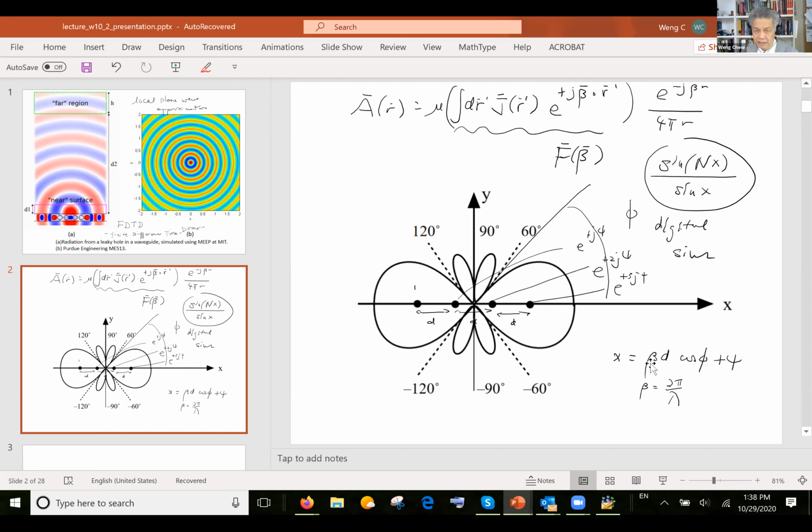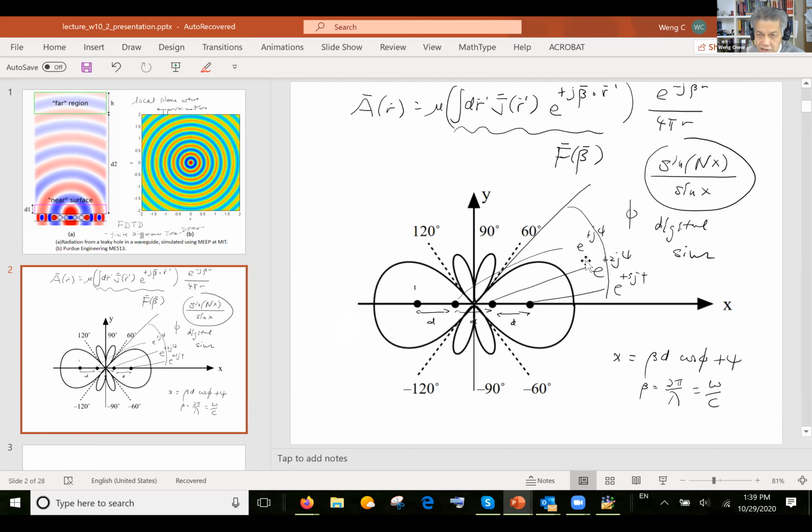Okay, when you increase beta, which is the frequency, a little bit of change of the angle will give rise to a large change in x. And when x changes very much, then this function would change. Okay, so you can get some kind of an insight, which is that if I make the frequency large, I'm going to get more and more lobes or side lobes.